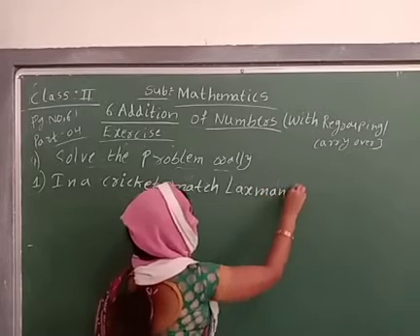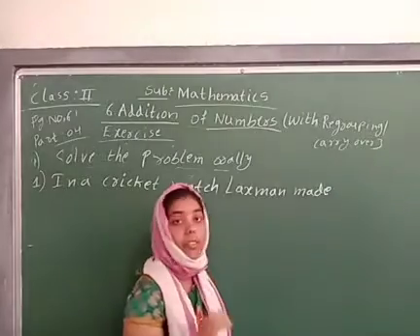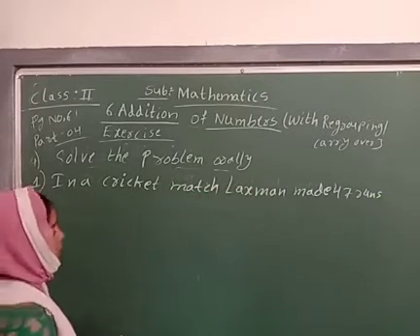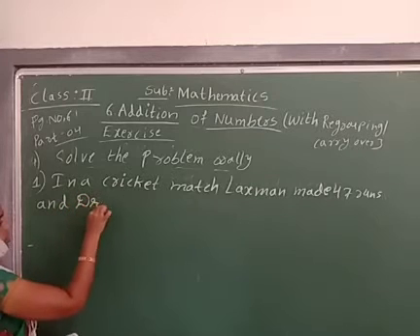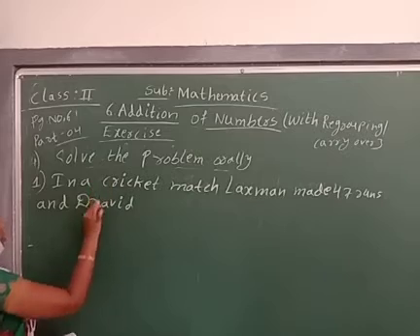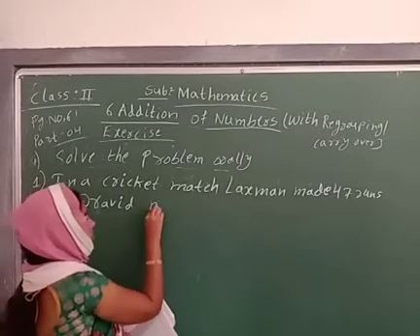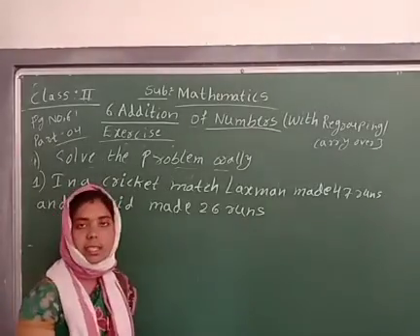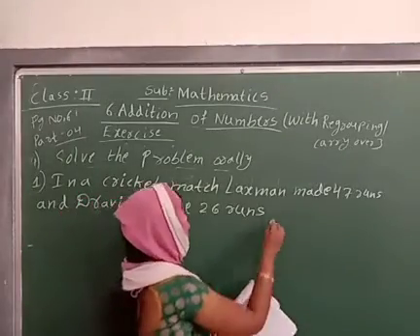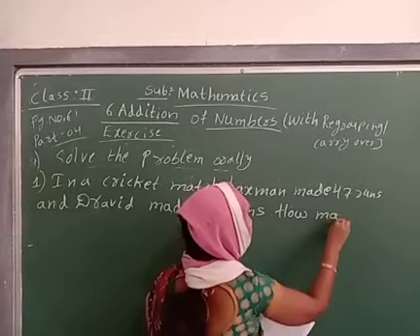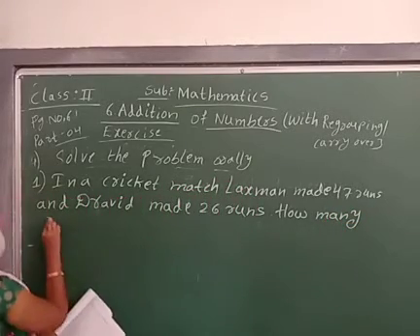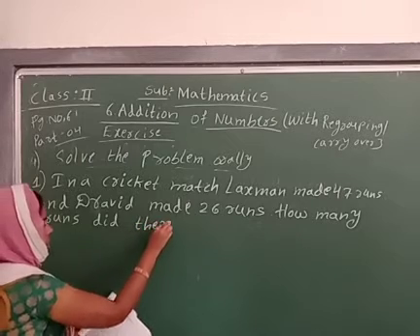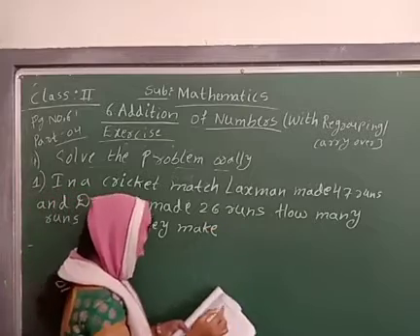And Dravid made 26 runs. Lakshman made 47 runs, Dravid made 26 runs. How many runs did they make together?